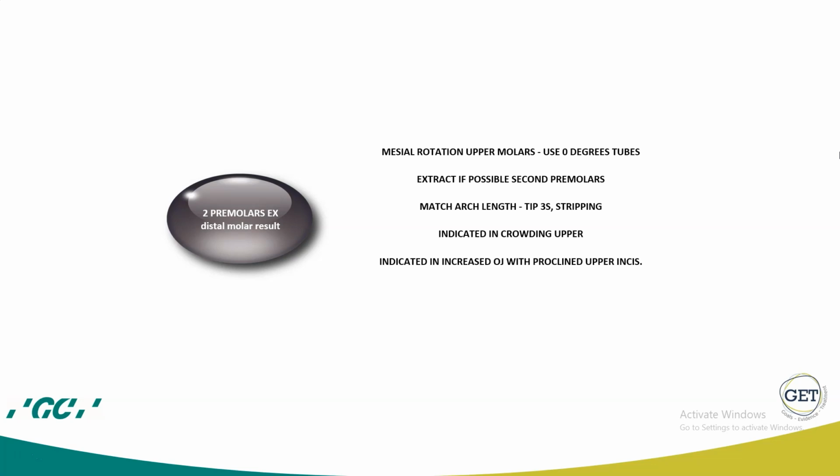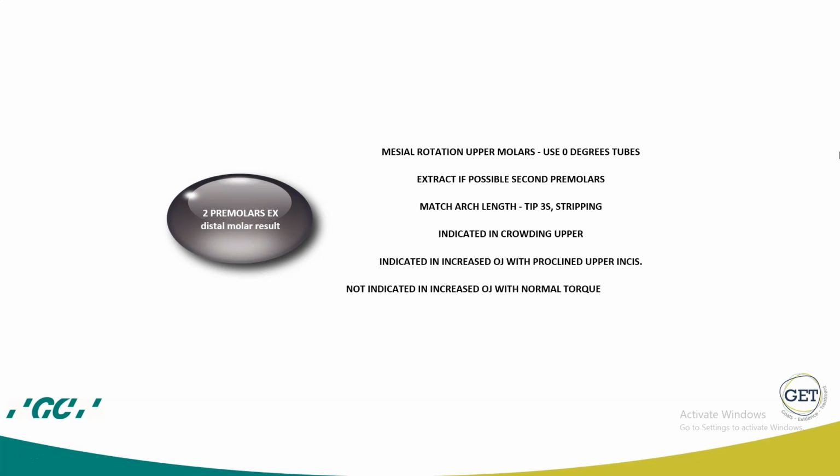Patients that have got a skeletal class 1 or very mild skeletal class 2 may have a very increased overjet due to dysplastic proclination of the upper incisors, which is then followed by mesial drift of the posterior dentition. So basically these patients will have a distal molar relationship, but a skeletal situation that is not so severe. In these patients as well, you can extract two upper premolars, since you will retrocline the upper incisors and end up in a distal molar therapeutic result.